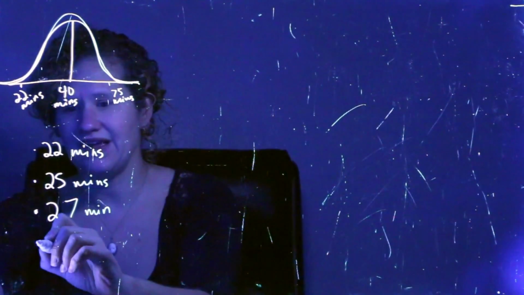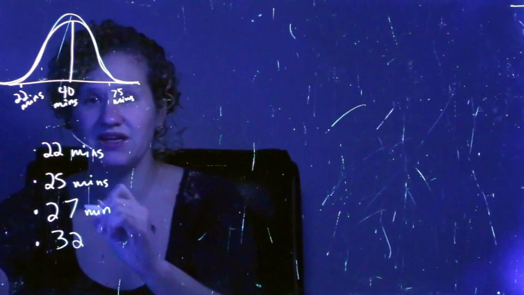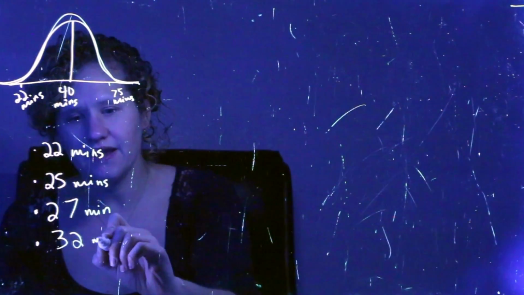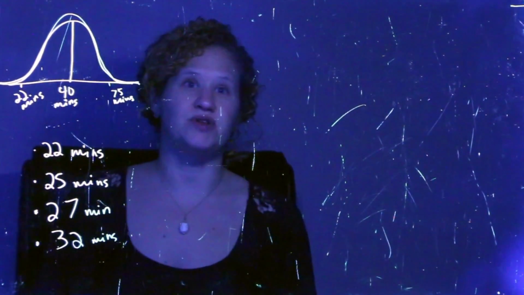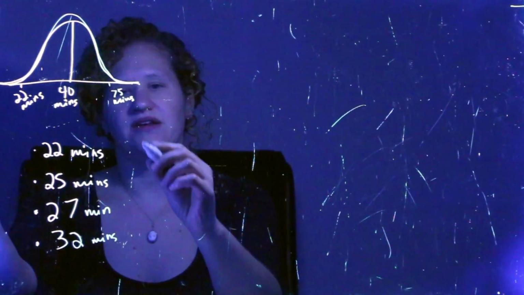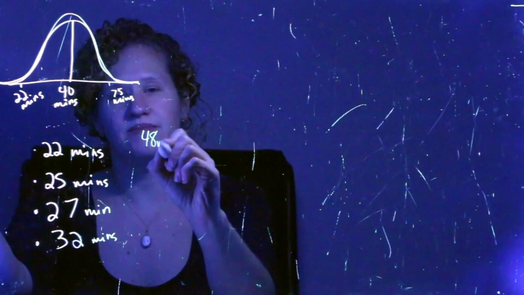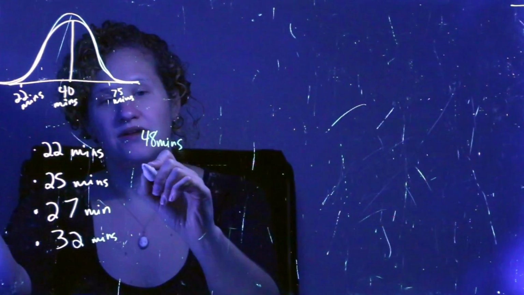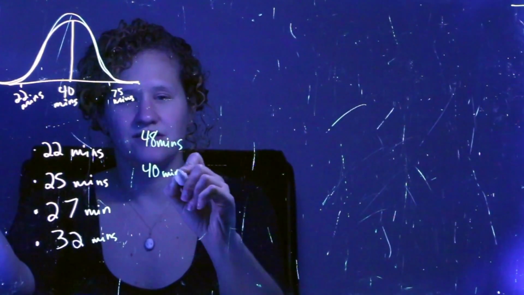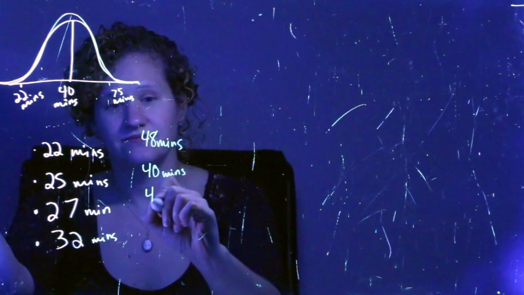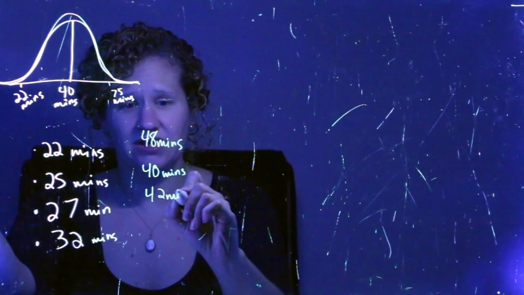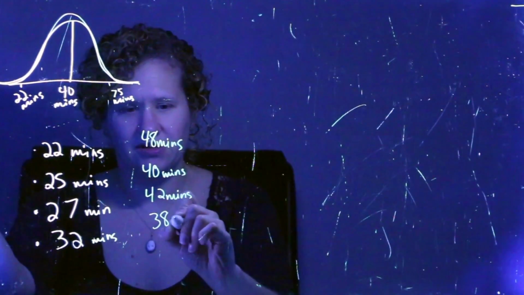It rained one day. It ended up taking me 32 minutes. And then I also recorded my times home. And those ended up being 48 minutes, 40 minutes, 42 minutes, and 38 minutes.